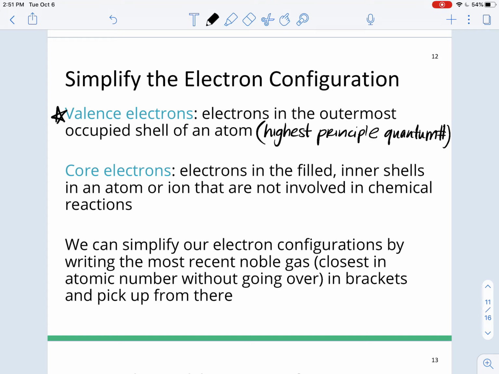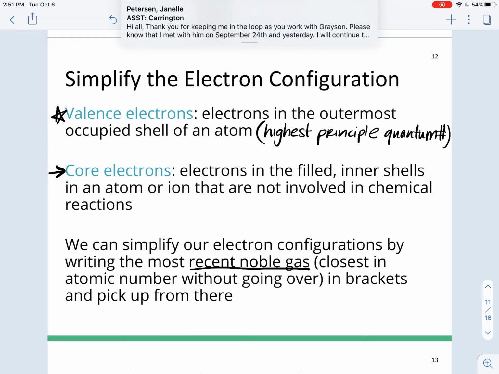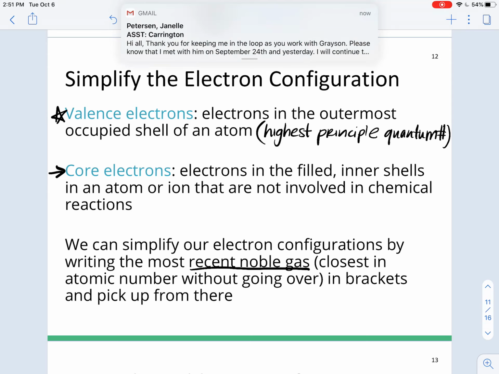All right, so the core electrons are the ones that are in the filled inner shells of an atom or ion. These guys are not involved in chemical reactions, so we don't really need to list these every single time. We can simplify our electron configurations by writing the most recent noble gas closest to atomic number without going over in brackets and pick up from there.